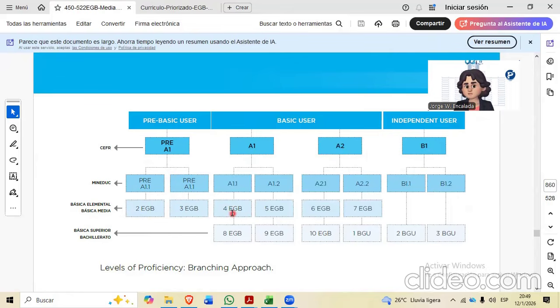And when they move forward to fifth grade, they are basically already at A1.2, which means that they are ready to move to the A2 level. So that's what it says here. When they get to sixth grade and seventh grade, they begin and reach the A2 level. Now, this is something interesting about the program: when they get promoted from seventh grade to eighth grade, they don't move forward to a B1.